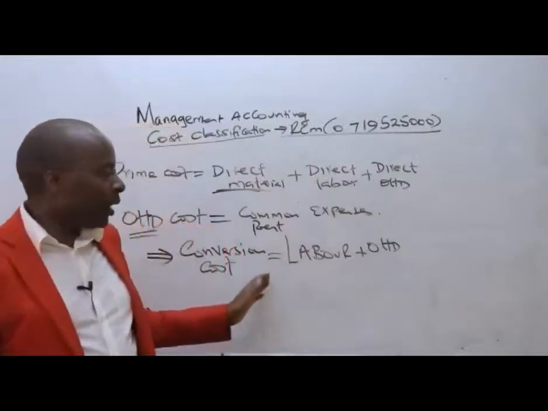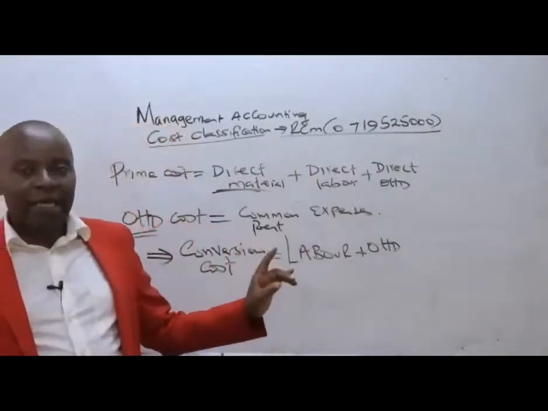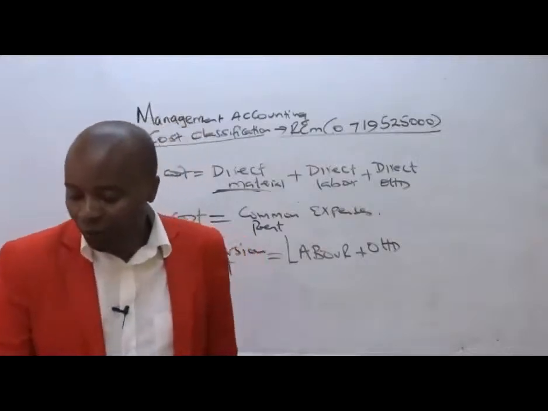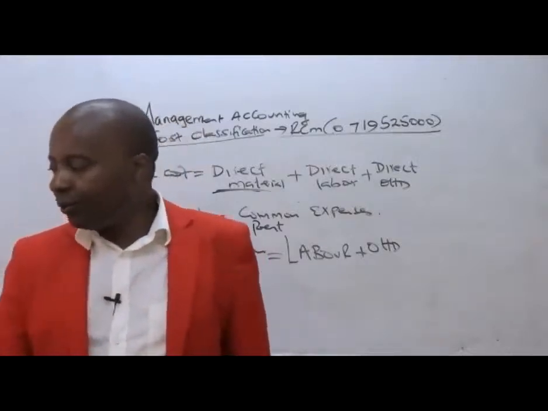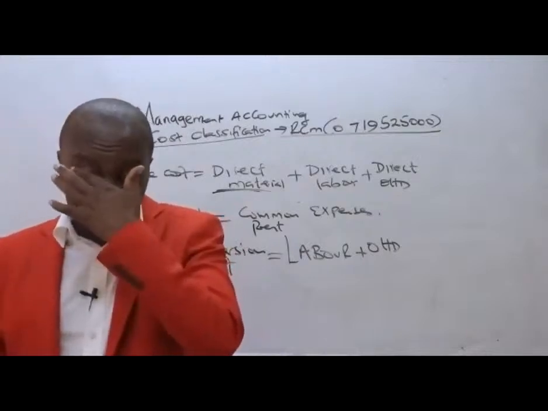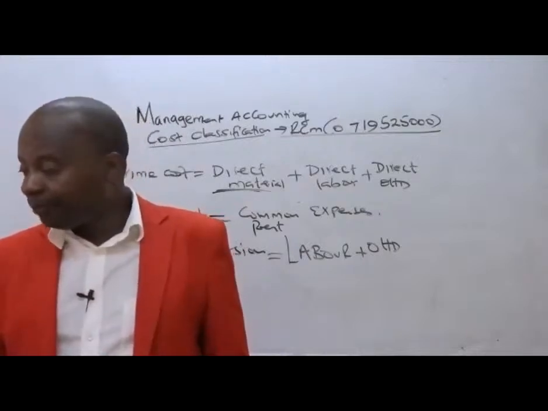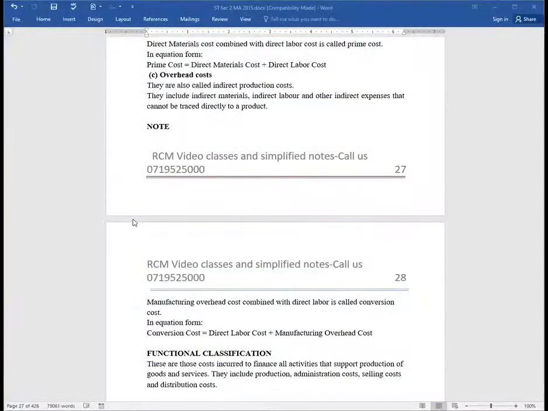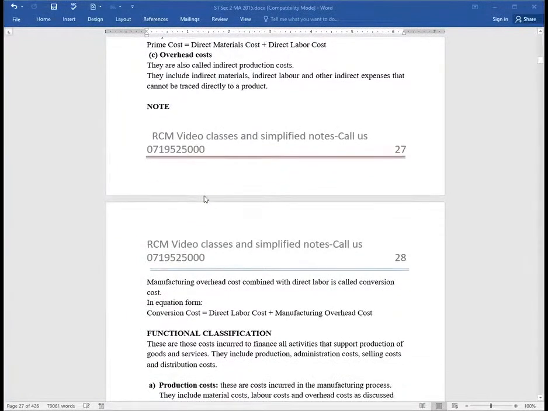So very importantly, for us to understand this from the word go, we can classify costs in accordance to whether they are manufacturing or non-manufacturing.